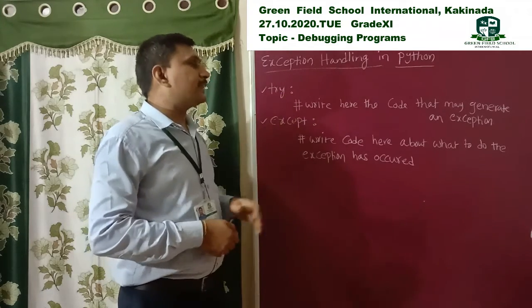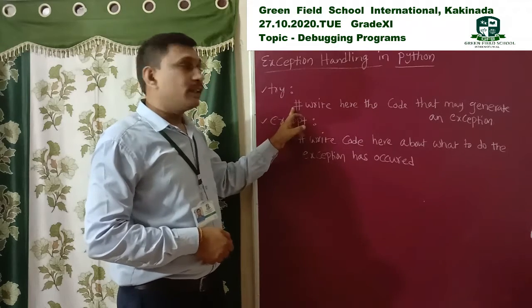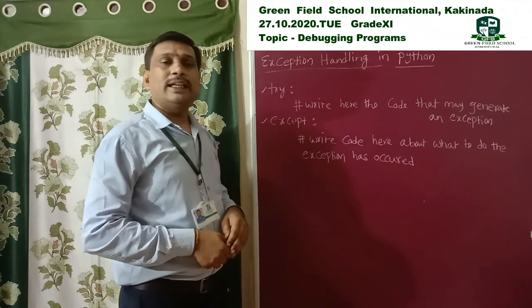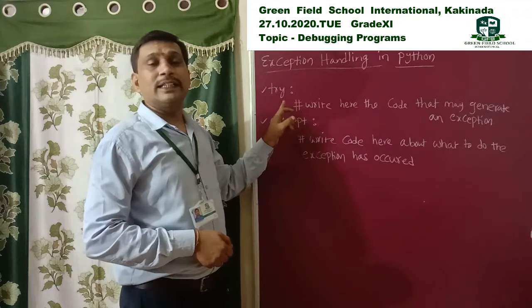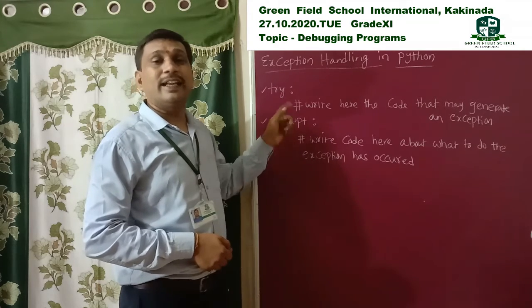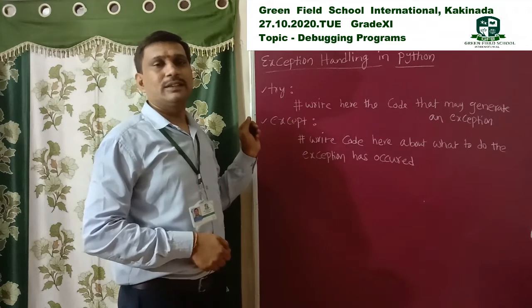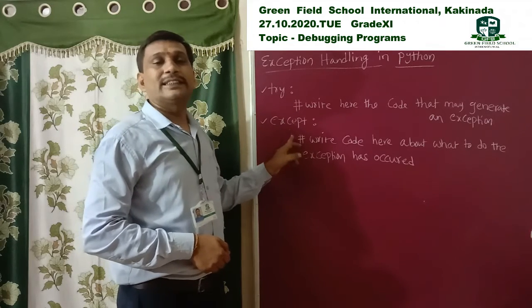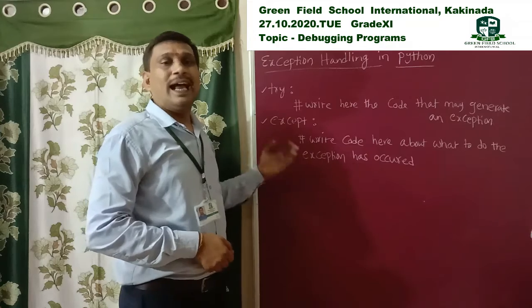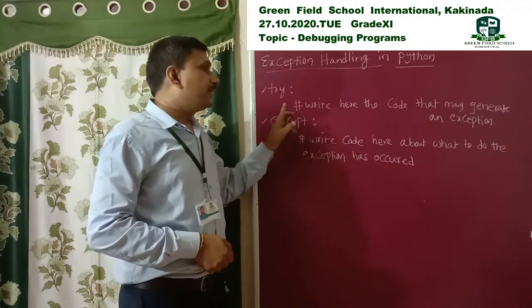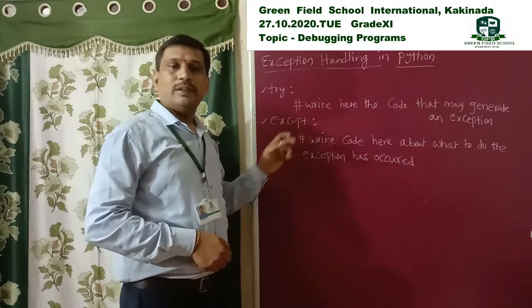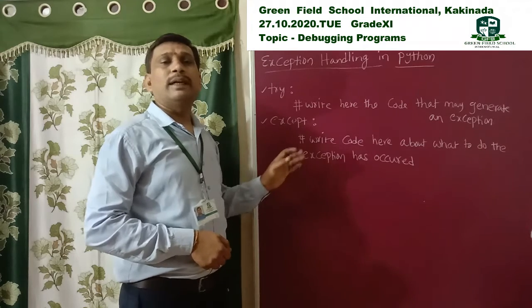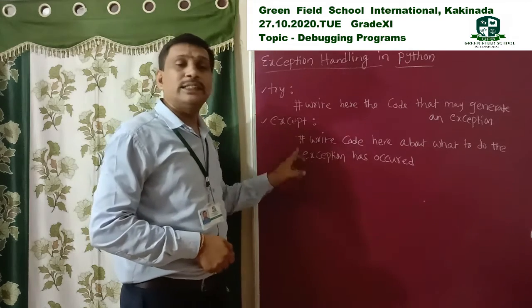The try block consists of some code, and that code may generate an exception. If an exception is raised, control immediately comes to the except block. How to handle and rectify this exception in Python programming is written here.